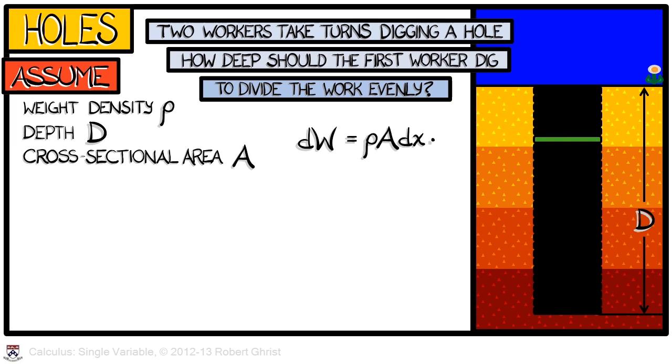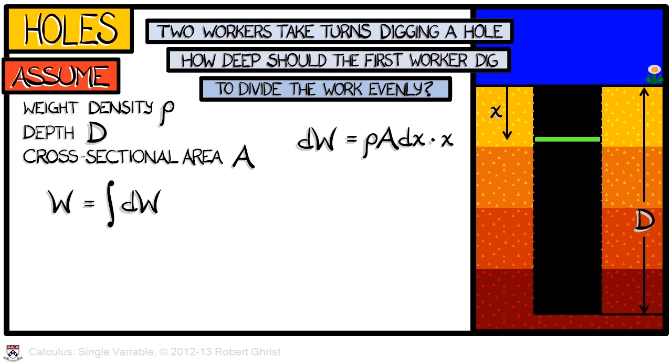Well, we have to take the force, that is, the weight of the slice, rho times A times dx, times the distance that slice of earth has to be moved. That distance is x, if we denote by x the distance from the top of the hole to the layer where we're considering.